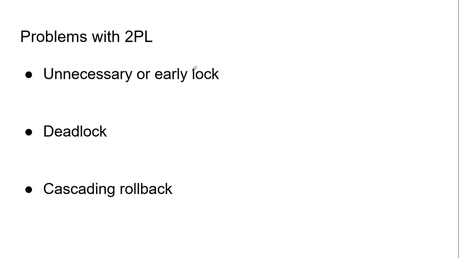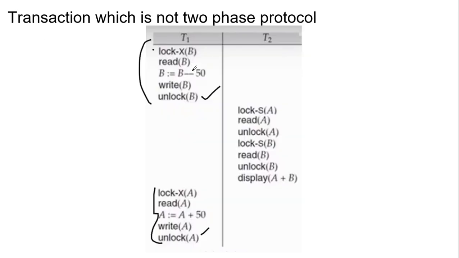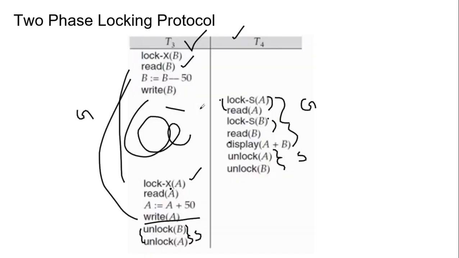And we also have a lot of problems with 2PL. When we analyze this example, in this time period B is not getting unlocked, but at the same time T4 is accessing the data, which should not be happening.